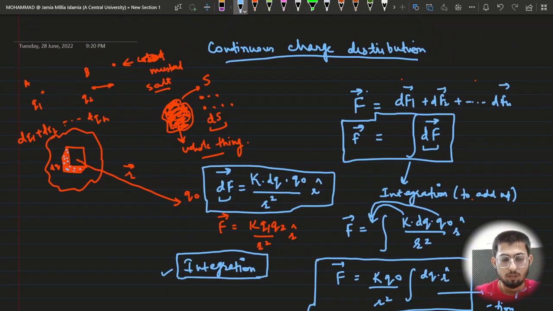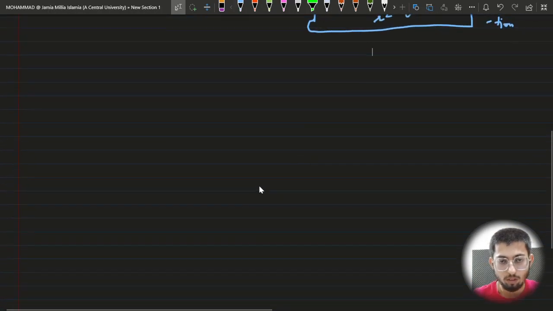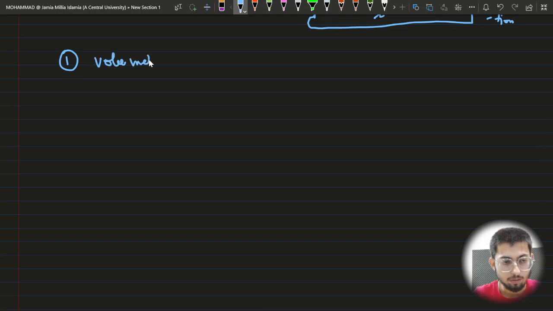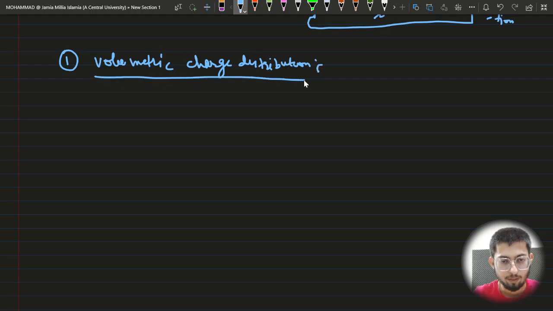Okay. So this is the continuous charge distribution. Now let us discuss each one of them. So first one is volumetric charge distribution. Volumetric charge. So let's say we have this volume.